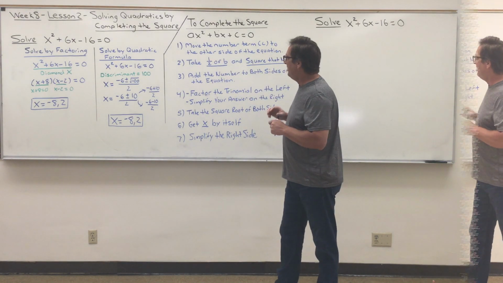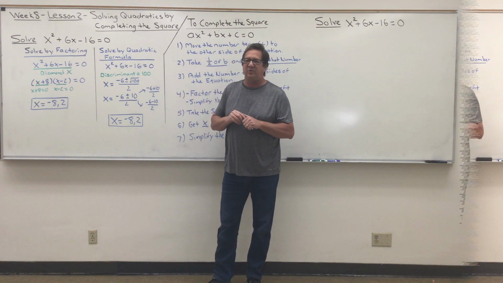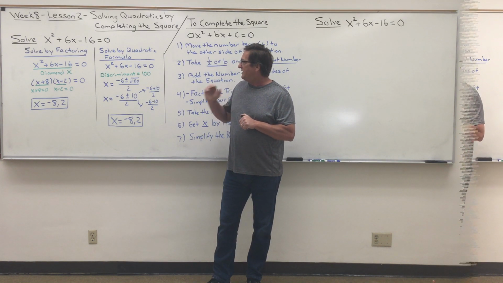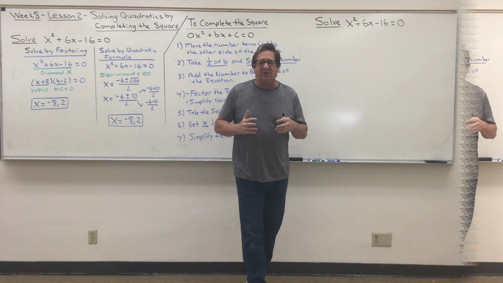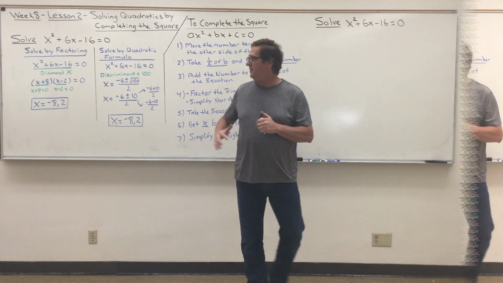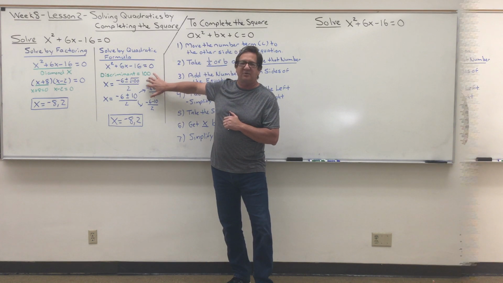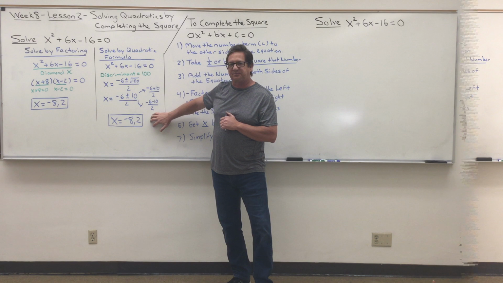And so that was our second way of solving a quadratic. And we talked about the fact that not all of our quadratics are going to factor real nice. So the quadratic formula is our backup, what we can use anytime to solve a problem.